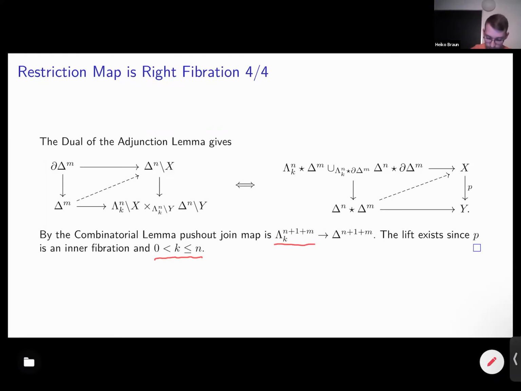It's obvious that k is bigger than 0, and also the +1 is here, so it will be an inner horn. And now everything is perfect because we also assume that P is an inner fibration, and then we are done. So we can lift this and in total prove that the Pj map is always a right fibration, which solves the lifting problem, which gives the proof of the lifting theorem of Joyal.